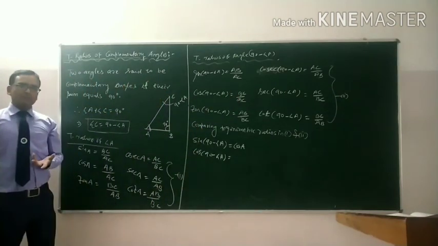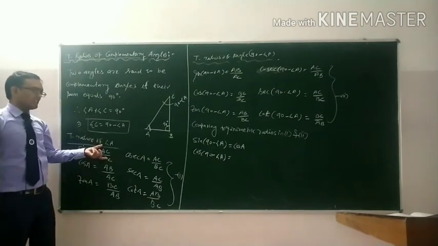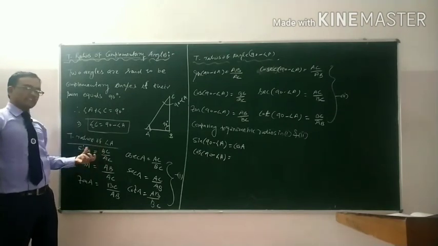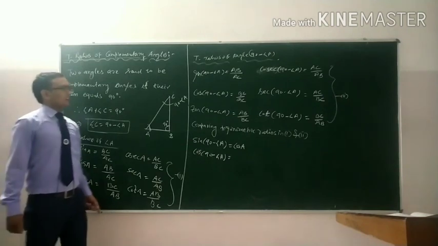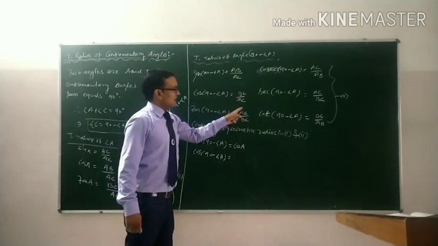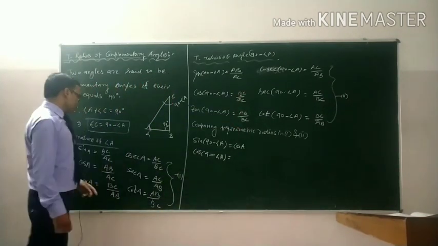What is the value of BC upon AC? The value of BC upon AC is sin A. In place of BC upon AC, we write sin A.